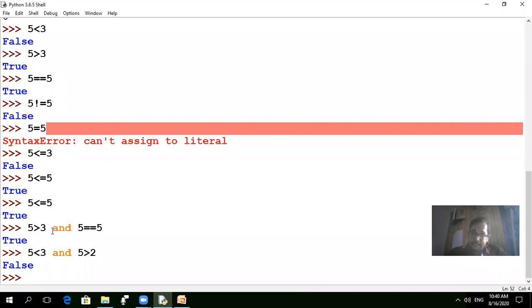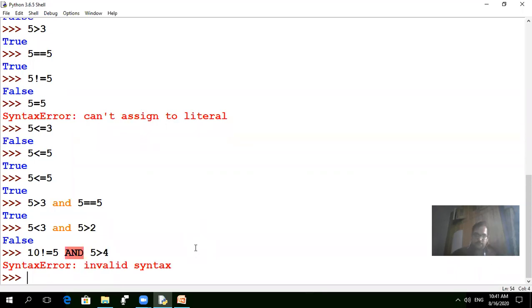You always write and in small letters. If you write AND in capital letters, like 10 is not equals to 5 AND 5 is greater than 3, it will give an error called invalid syntax, because you have to write and in lowercase.